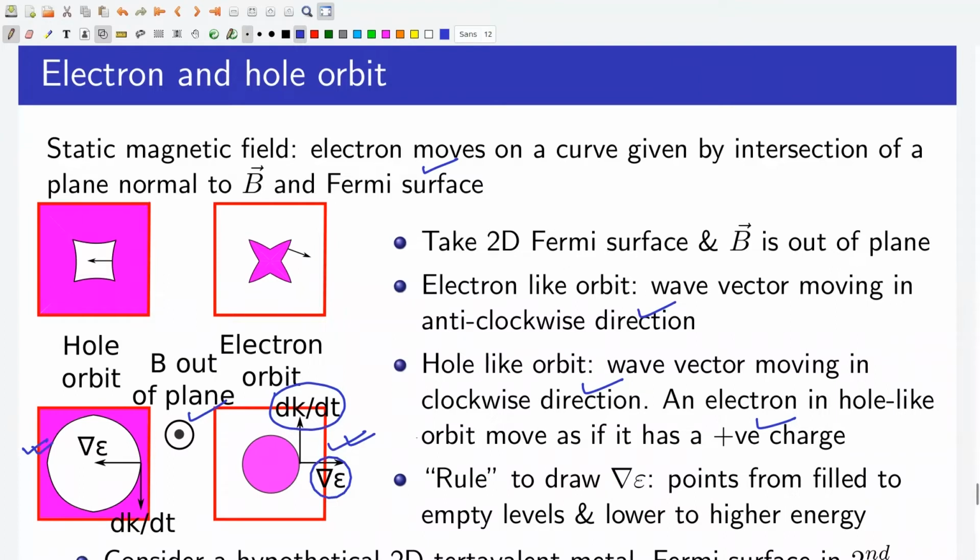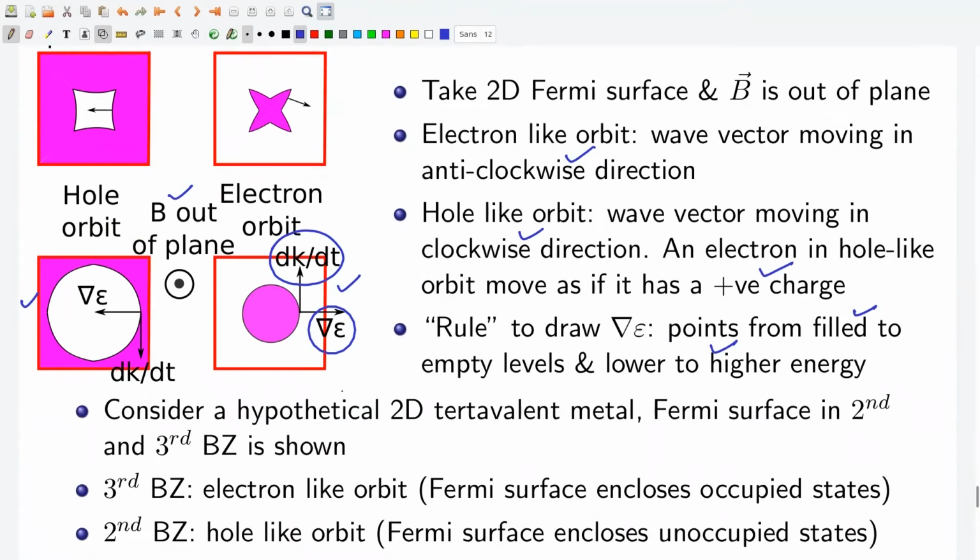So, if we draw the gradient first, we can easily find out the orbit in K space. Is there any rule to draw the gradient of energy? You have to keep in mind that the gradient points from filled to empty levels and lower to higher energy.